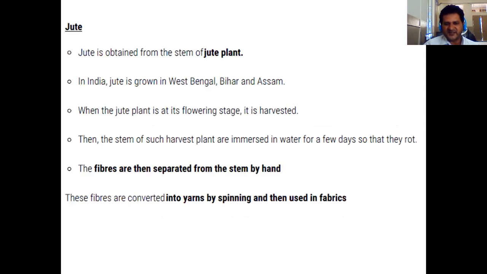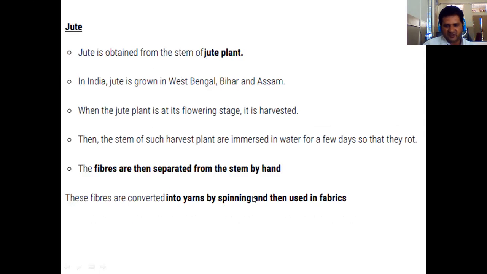Jute is also obtained from a plant. It is like the aloe vera plant. If you see aloe vera, jute plants are also a similar type of plant. Majorly they are grown in West Bengal, Bihar and Assam. They are also processed and harvested to obtain different types of yarn.